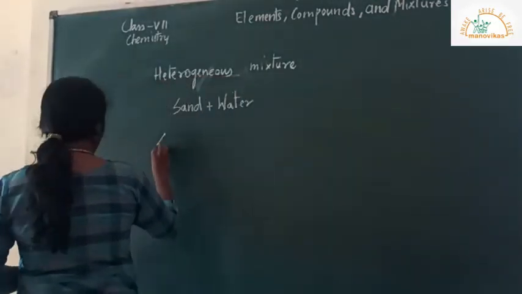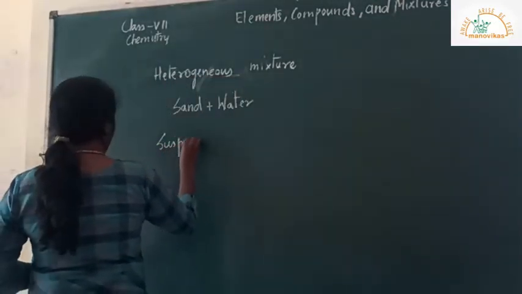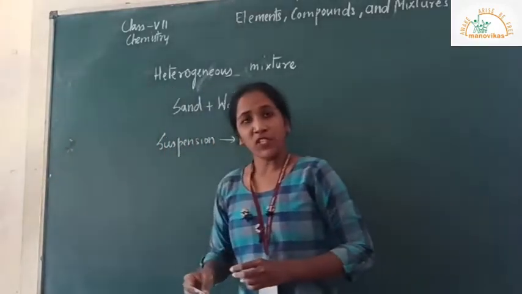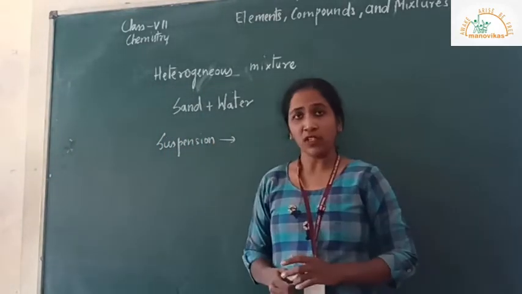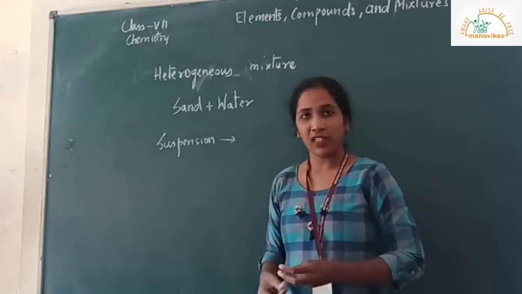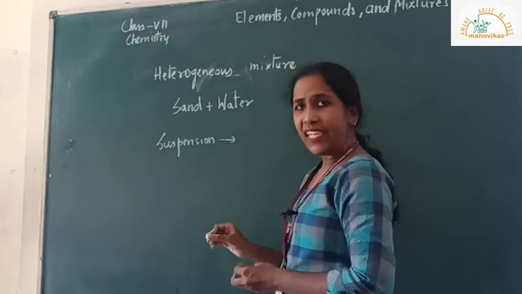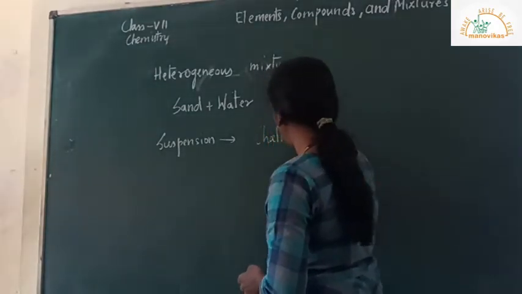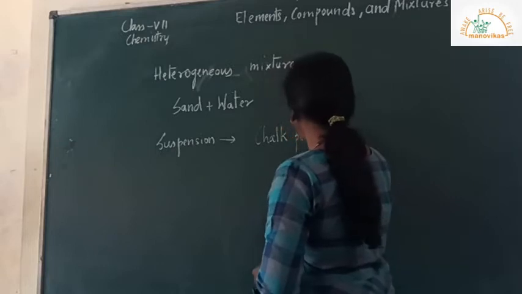Next we have suspension. Suspension is a heterogeneous mixture in which the component does not get dissolved in the other component. So here we can take an example, that is chalk powder in water.